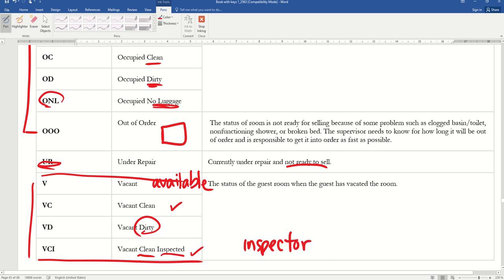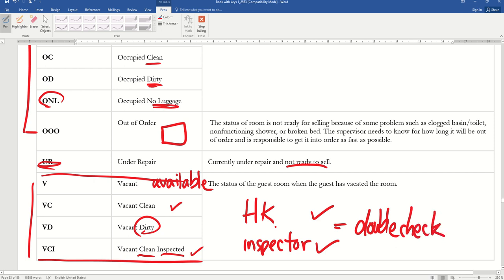The inspector is a person who inspects the room after everything has been done by the housekeeper. So the housekeeper checks, and then the inspector rechecks. It means a double check of the cleanliness of the room.